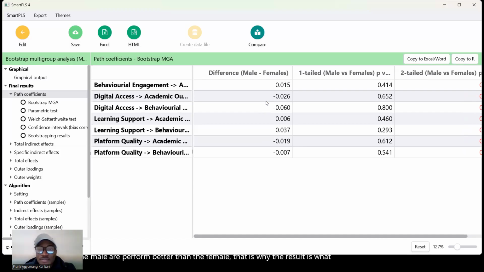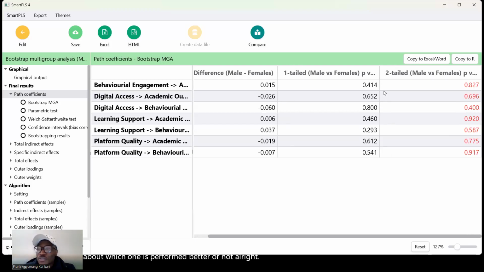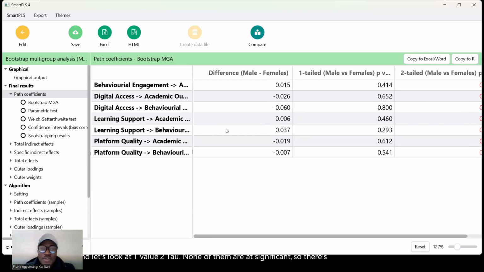If it is negative, it means that the female perform better than the male. All right. So here is the difference. The difference is about which one is performing better or not. All right. And let's look at the p-value. None of them are significant. So there's no significant difference among these two groups in terms of moderation. All right. So this is it.